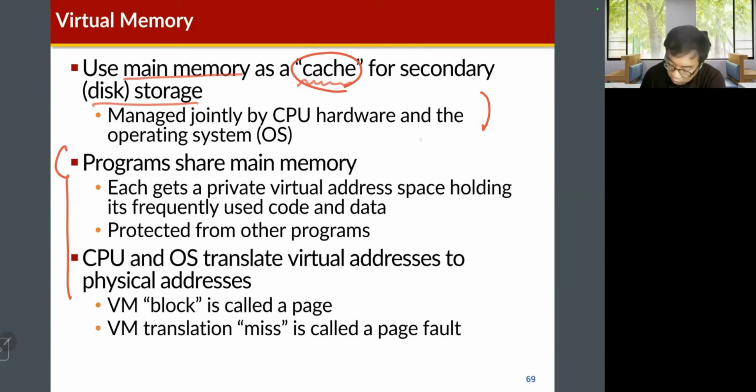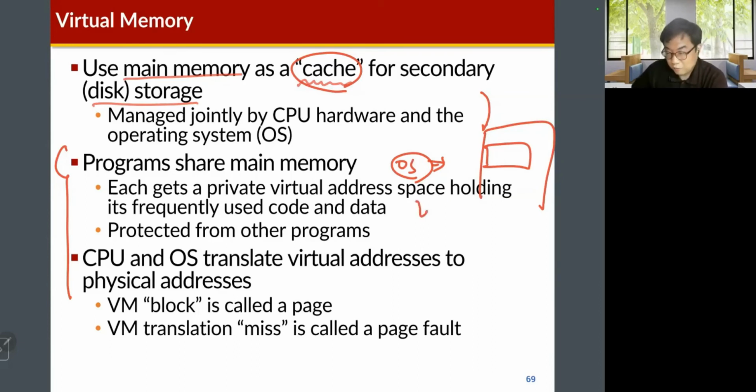So the operating system manages memory spaces in the real physical memory and changes the mapping information for each running process. Then the operating system can manage protection or sharing between different processes.